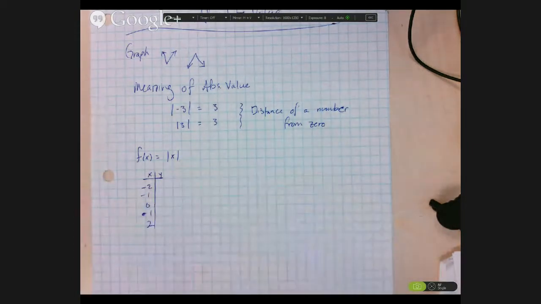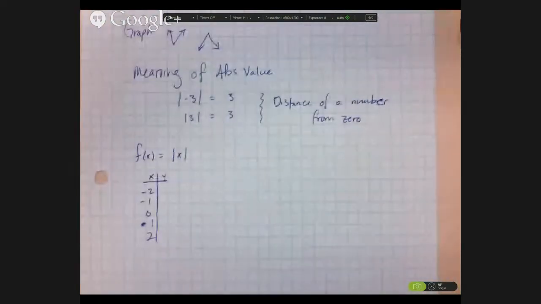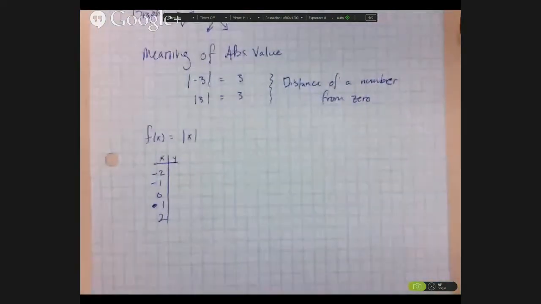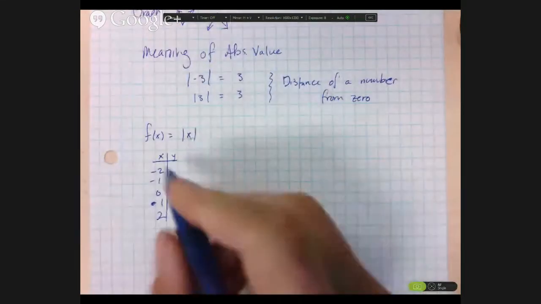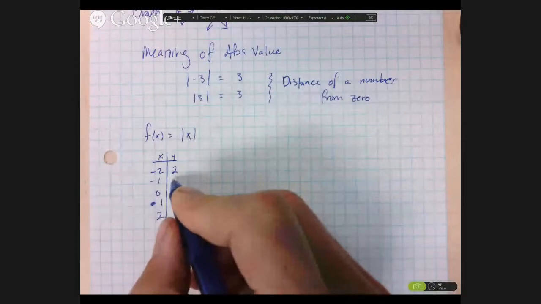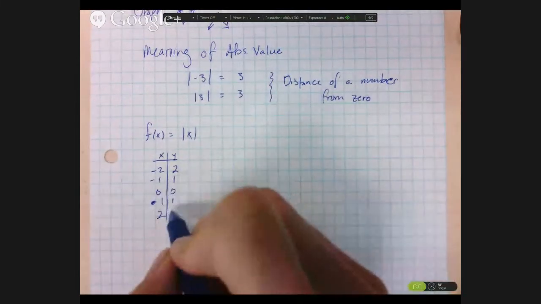Can you guys see that okay? That's probably a little better. Right. So what's the absolute value of -2? 2. Okay, fill in the rest of the table. Thank you, Kara.